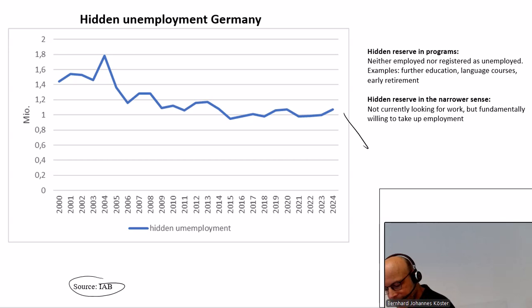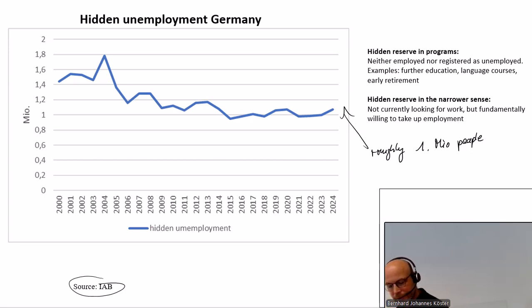And here we can say there is a component of roughly 1 million people, which we call hidden unemployment, which we could utilize if we want, and maybe especially if we look at this early retirement, that in the future there comes a significant number of people who are possible to work, roughly 1 million.